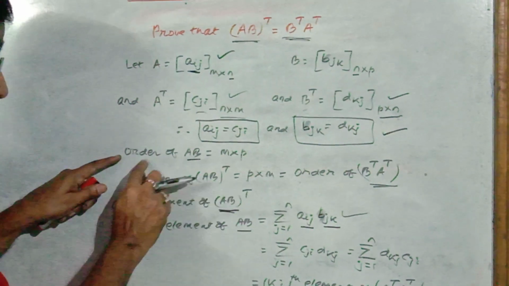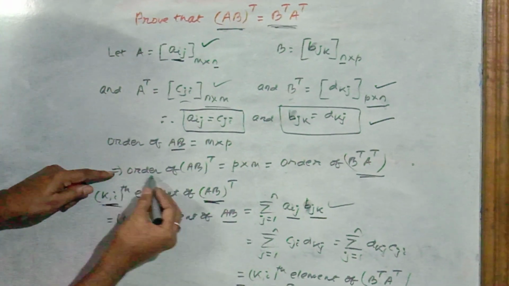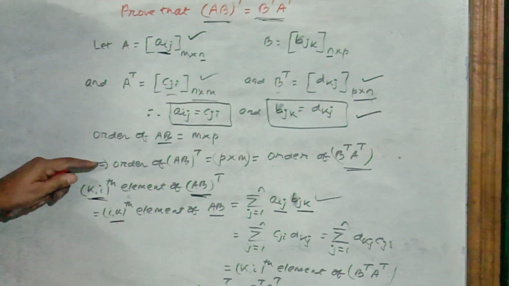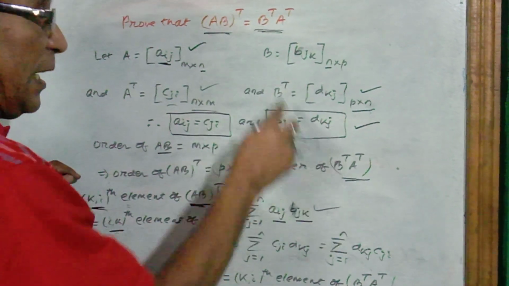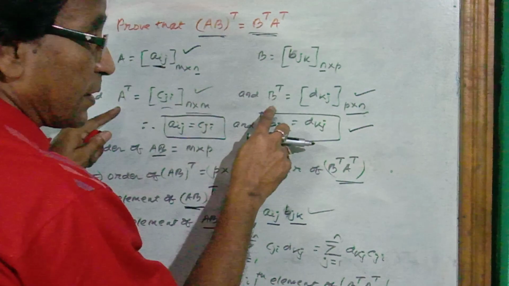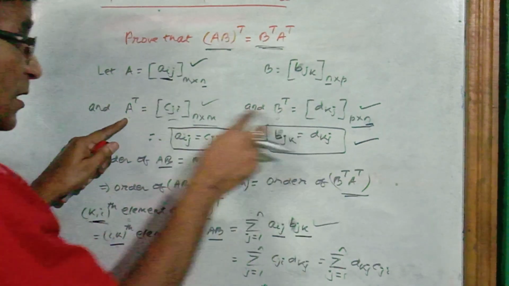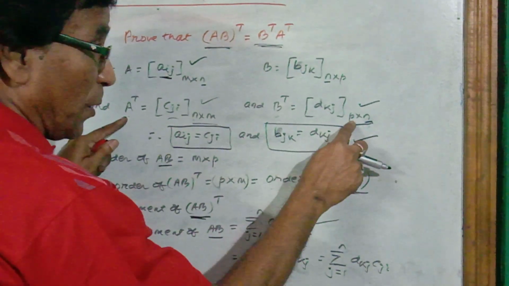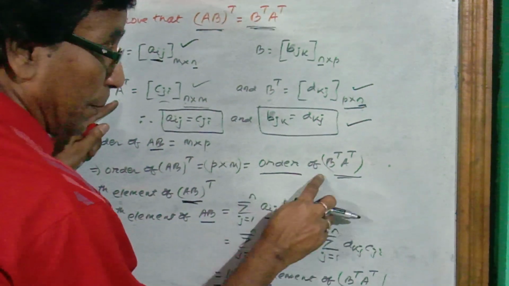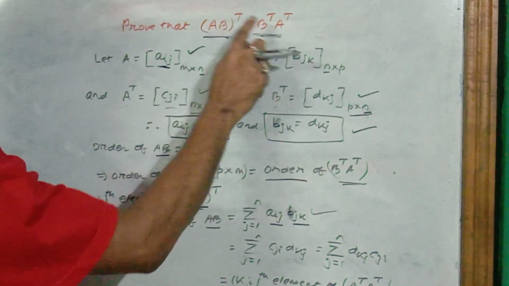The order of AB is m cross p, so the order of (AB) whole transpose must be p cross m. Is B transpose into A transpose defined? Yes, because the number of columns of B transpose is n and the number of rows of A transpose is n, so B transpose into A transpose is defined, and it is of order p cross m. So the order of B transpose into A transpose is equal to the order of (AB) whole transpose. Hence their orders are the same.